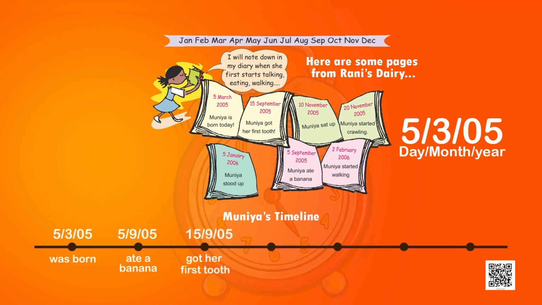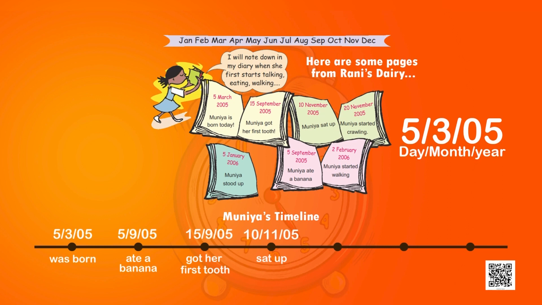On 15th September 2005, she has got her first tooth. So, we can enter this as 15905, got the first tooth. Okay. The next entry is 10th November 2005.